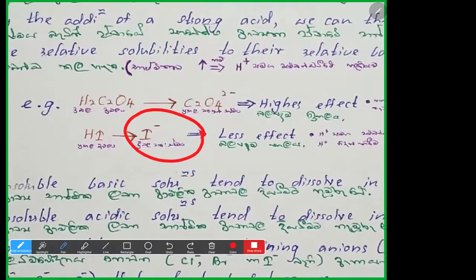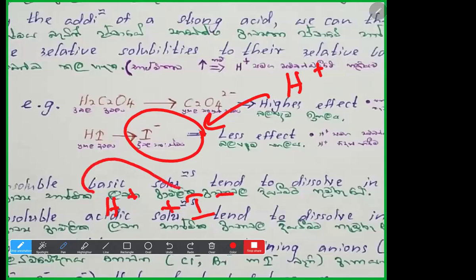The conjugate base definition is that it is supposed to get H+. How easily is this getting H+? Not easily, because this likes to exist as H+ plus I- easily. This H+ getting back to I- is really harder. Understood? Because this is a strong acid, just existing as H+ and I- in aqueous medium.